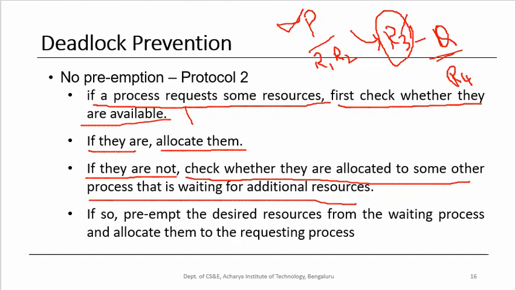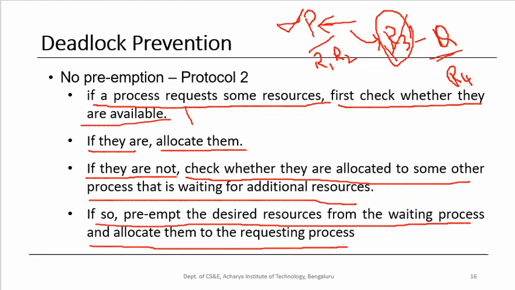So R3 could be preempted from Q and given to P to complete its execution, right? This will not lead to deadlock. So this is another protocol which says preemption of resources should be possible.